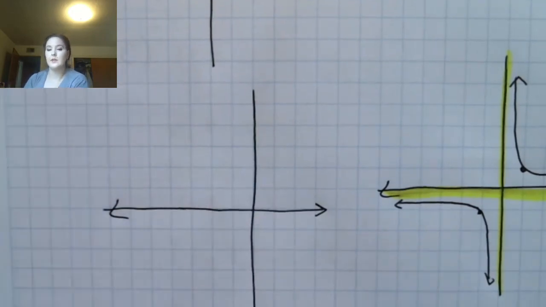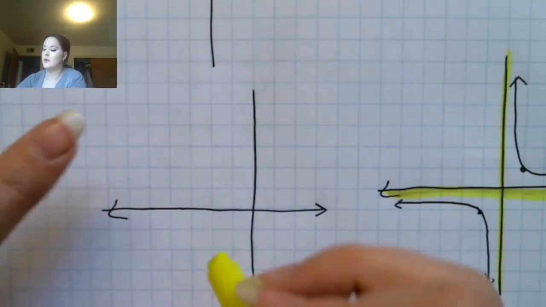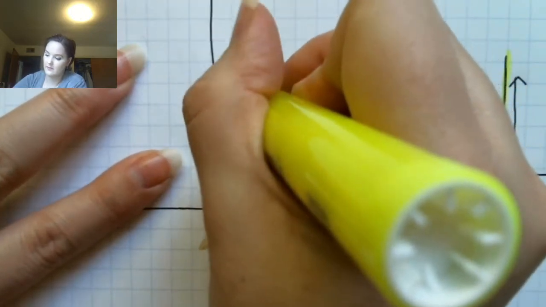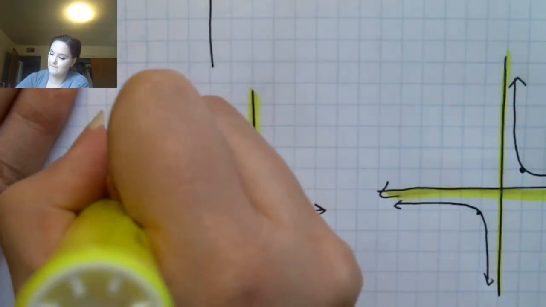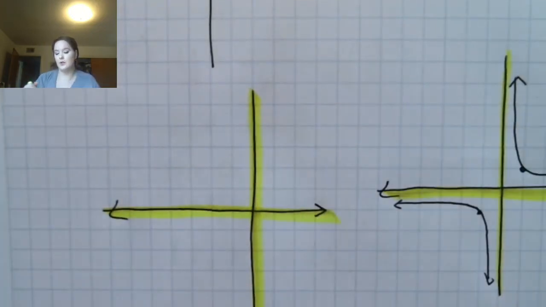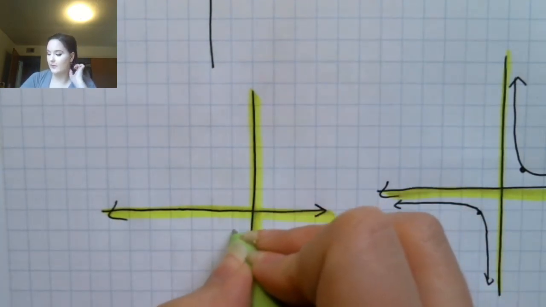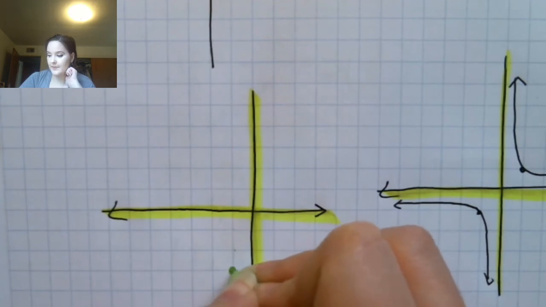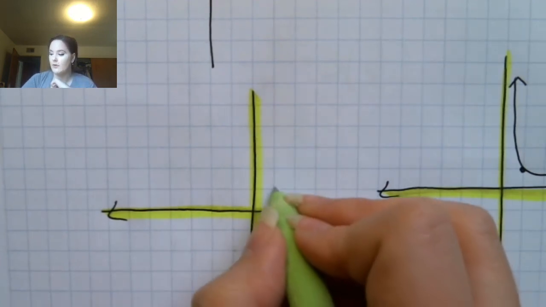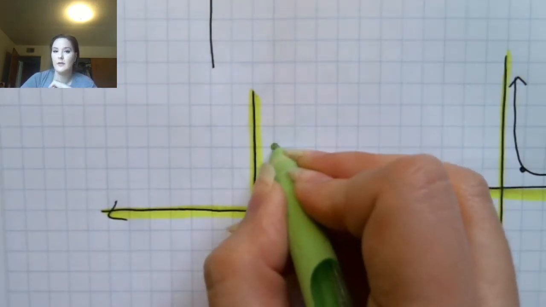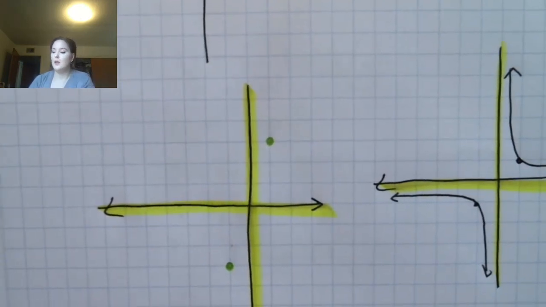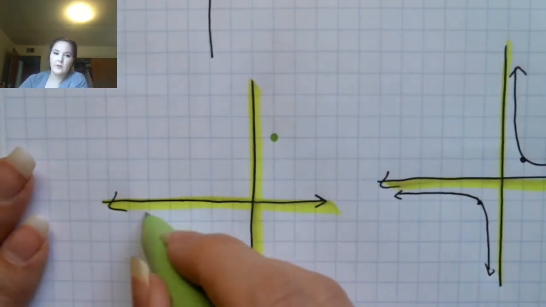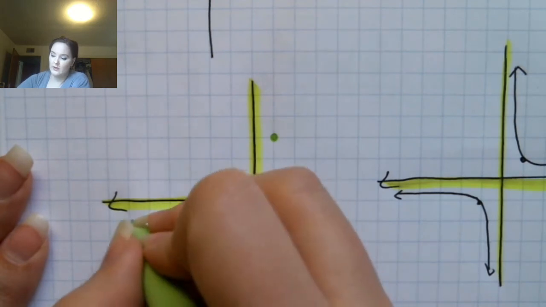I'm going to draw in my horizontal and vertical lines, and then I'm going to draw in my new key points. So I had -1, -3, and then I had 1, 3.